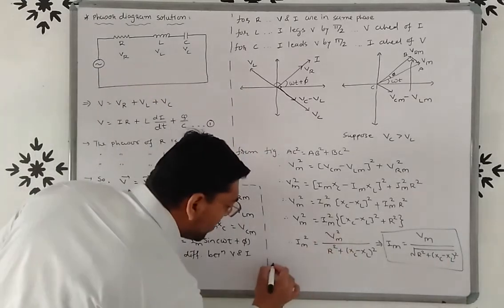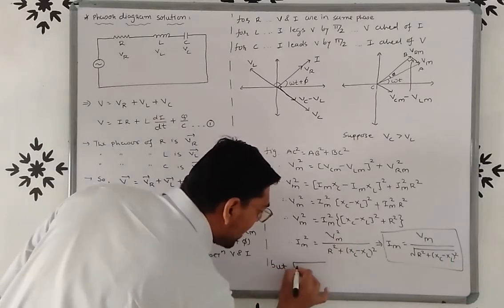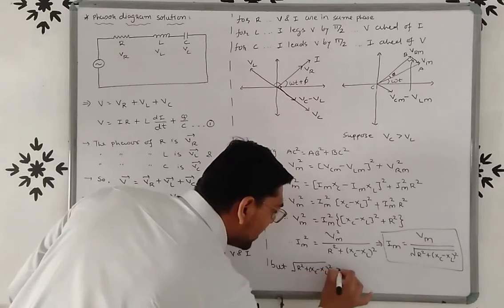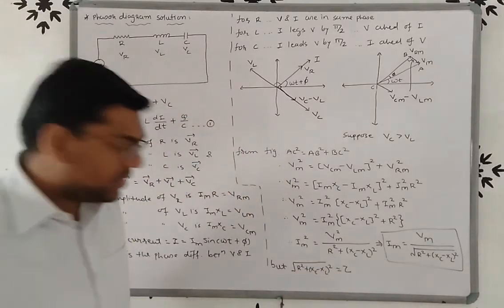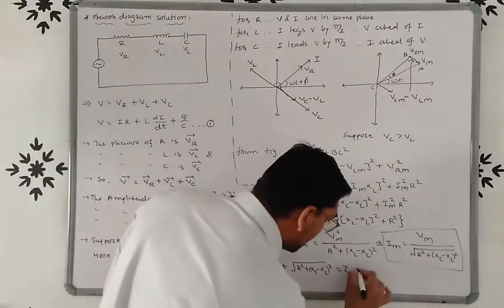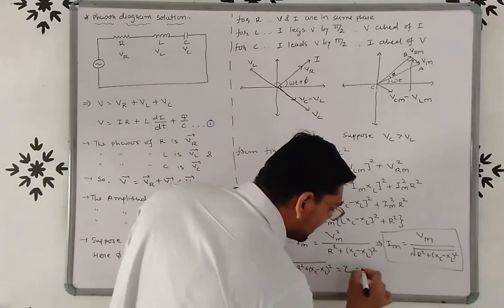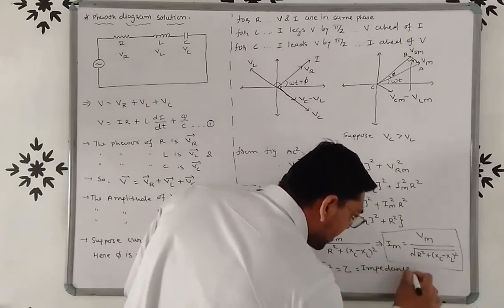But this square root of R square plus XC minus XL whole square is equals to Z, that is known as impedance, right?